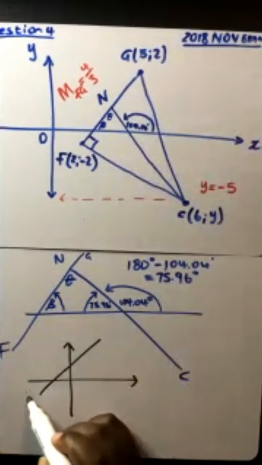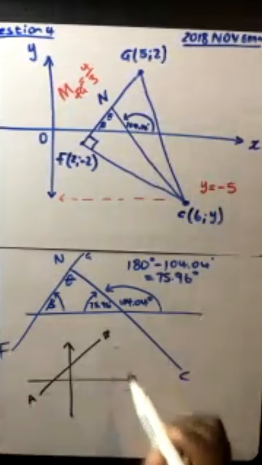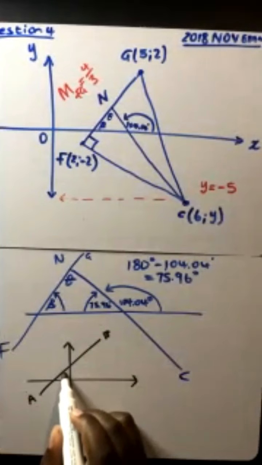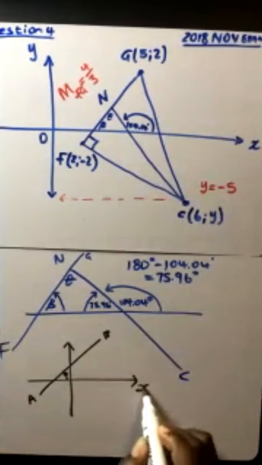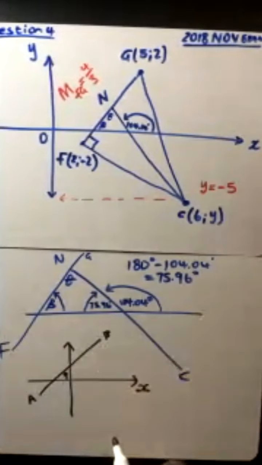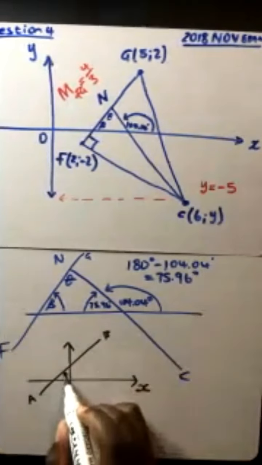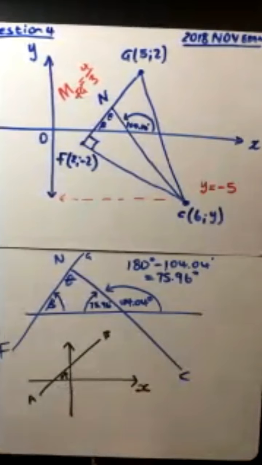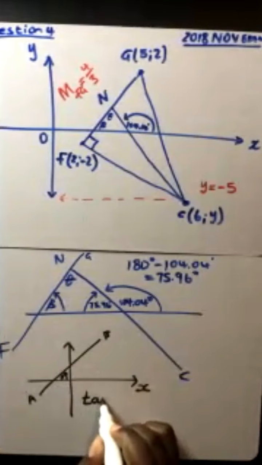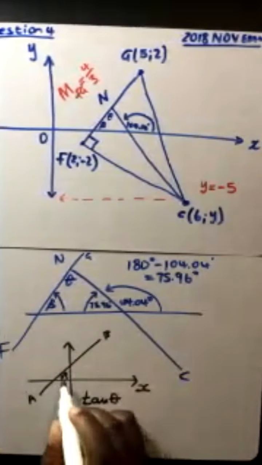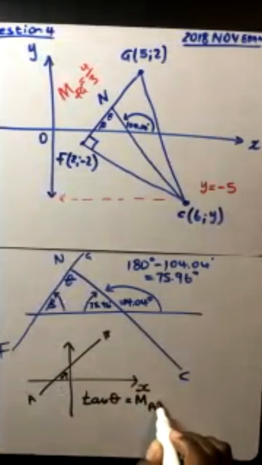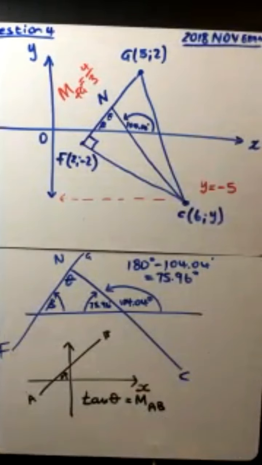So let's say this is A and B. If you want that angle formed between the x-axis and that line with a positive gradient, let's say it's angle theta. That angle you can formulate to say tan of that angle theta is equal to the gradient of AB.